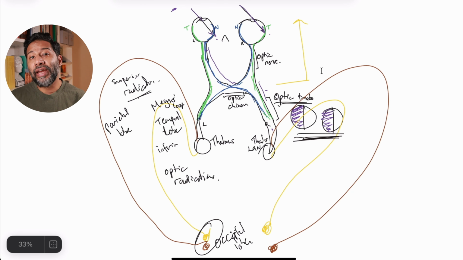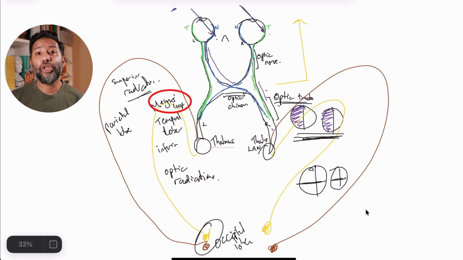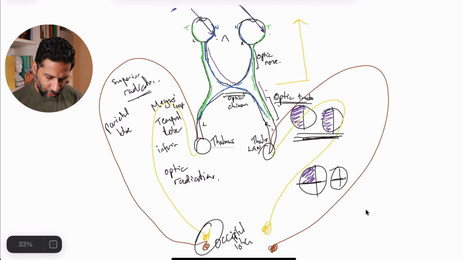Now, the optic radiations are different because they have already split into two separate pathways, so you can damage just one part and get a partial defect. We would call that a quadrantanopia rather than a full hemianopia, because only a quadrant will be involved. If we damage Meyer's loop in the temporal lobe and knock out the inferior fibers, the ones carrying the upper visual field, the result is an upper quadrantanopia.